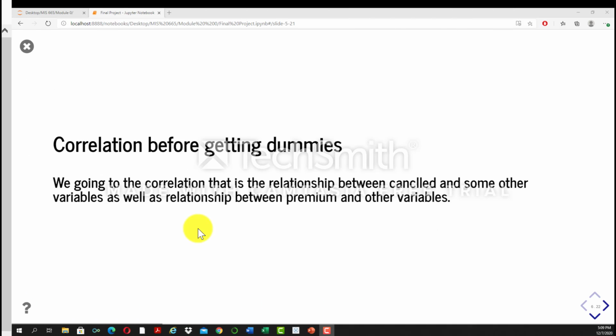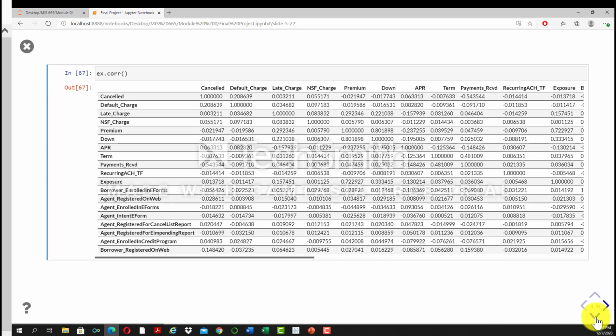Now we move on to correlation, which is EDA, exploratory data analysis. We start with correlation to see the relationship between cancelled and other variables. As you can see, we have cancelled right here, and these are the relationships.